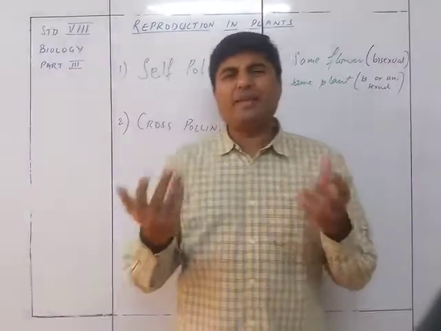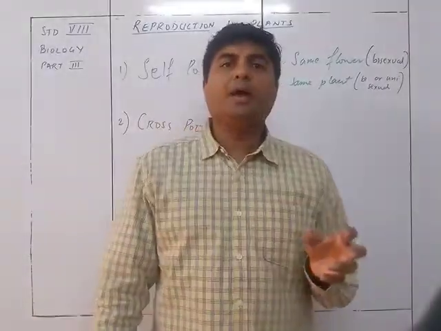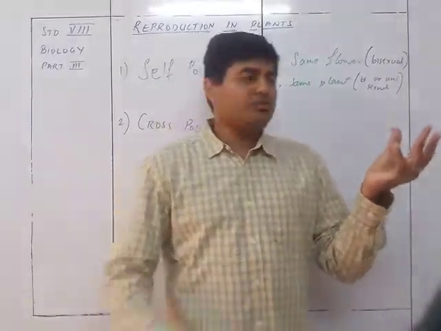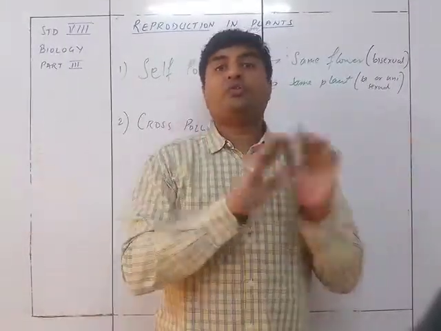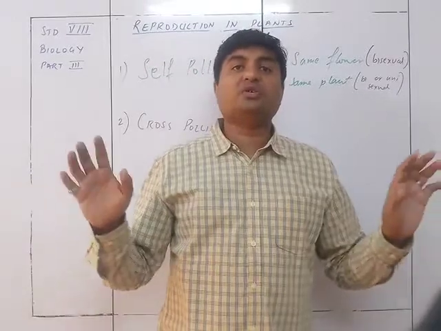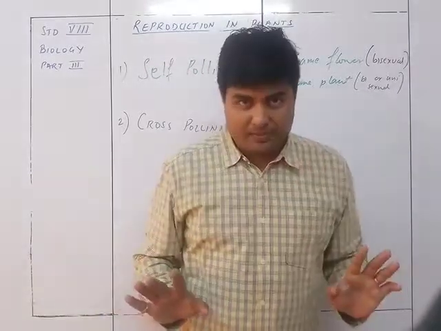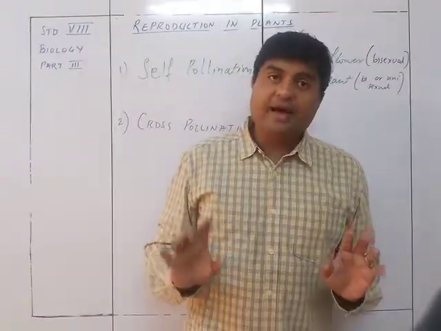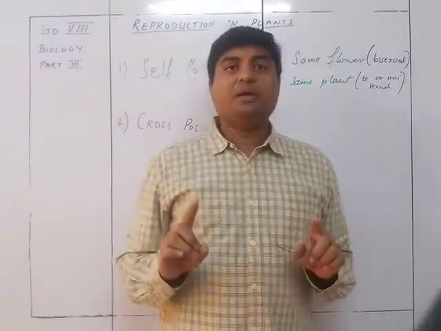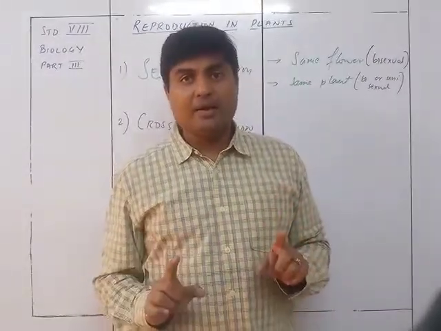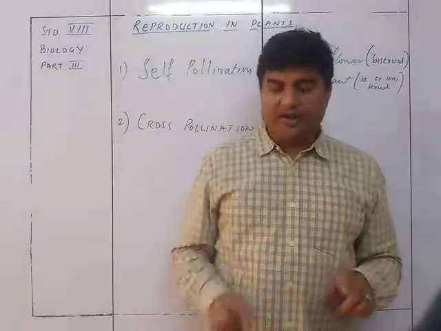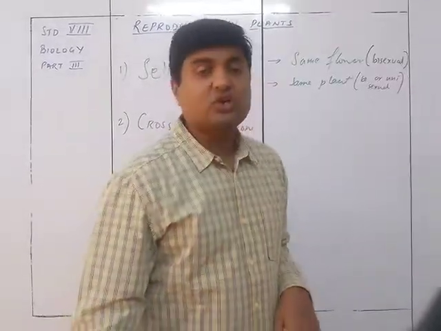Could be anything, basically any way by which the pollen grains from here reach the stigma of two different flowers, not on the same plant. They are of the same variety and species, but not growing on the same plant. Then such a pollination is called cross-pollination.